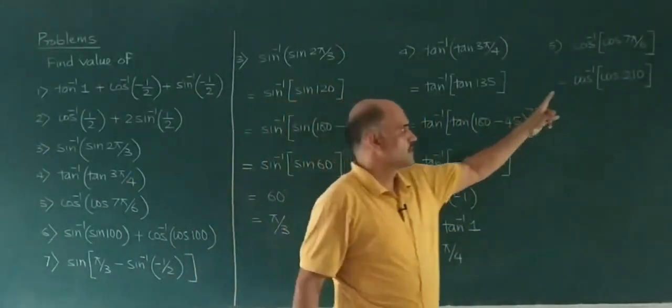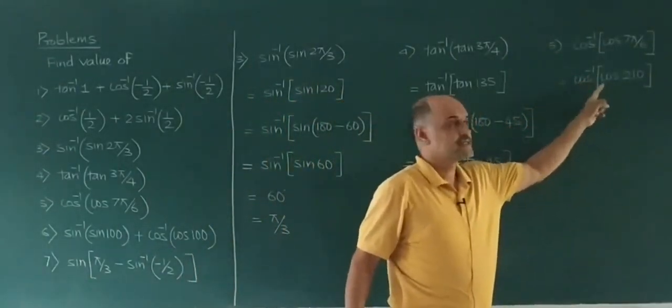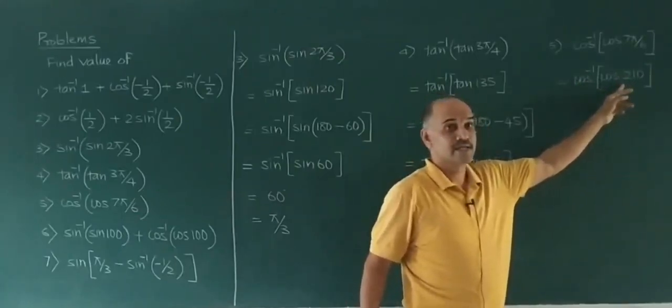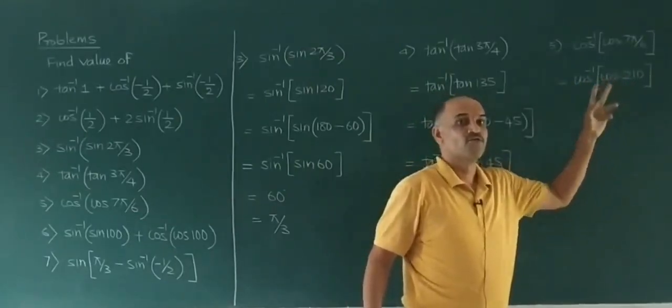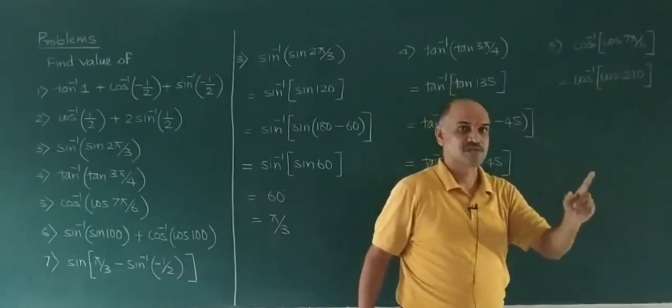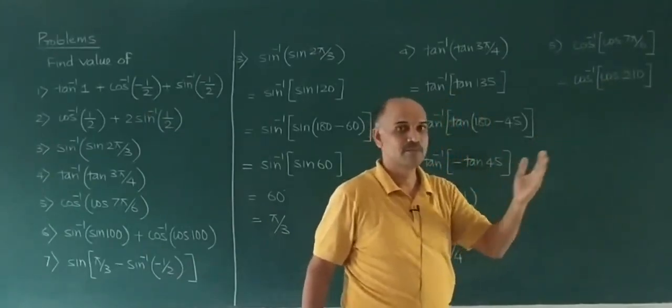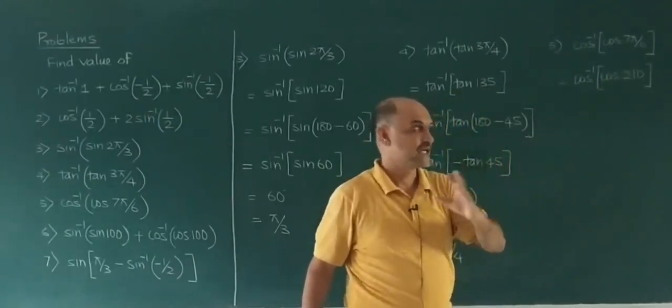Again here also you cannot cancel these two, because this angle is greater than 180. For cos, the principal value angle will be from 0 to 180.